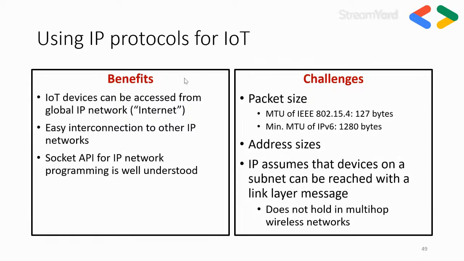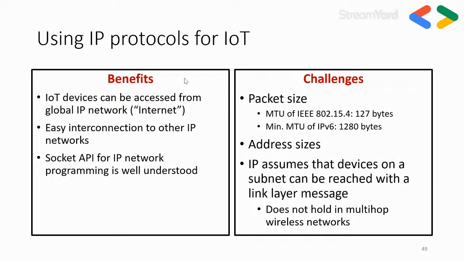The challenge with this is that the packet size is huge. If you're going to do IP, especially version 6, and now everyone is moving to version 6, the MTU, the maximum transmission unit, is 1,280 bytes for IP version 6. Can you imagine that a small, poor little IoT device can support such a high data rate?